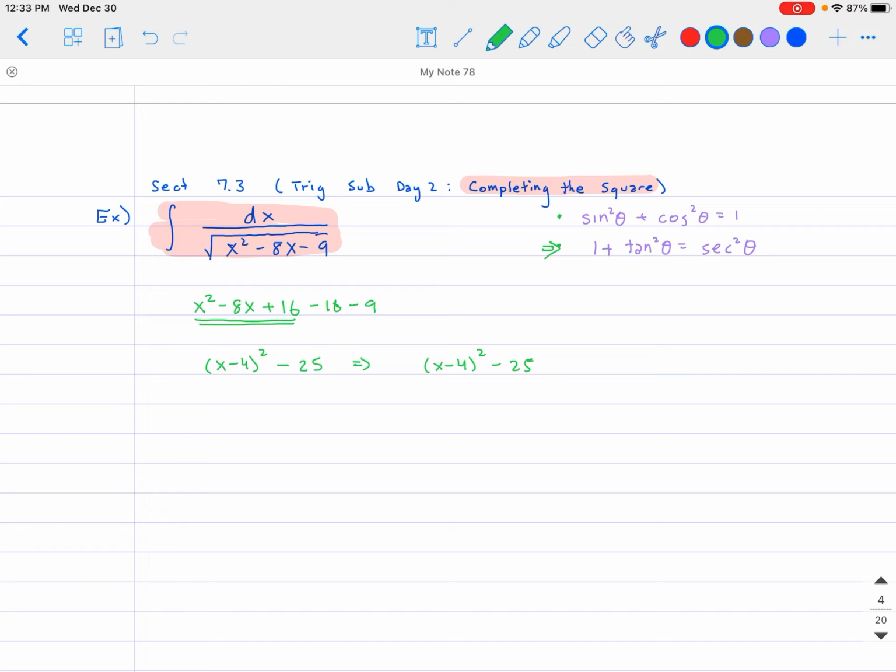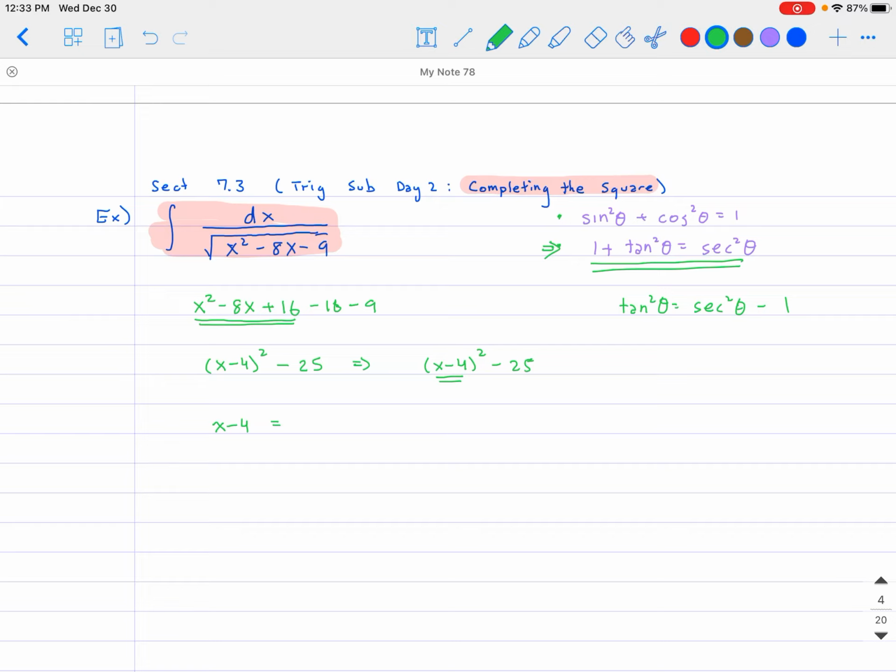So my inner function is going to be x minus 4, and that should be replaced with something. Taking my identity and writing it in a form that I'd like to see better: tangent squared of theta is equal to secant squared of theta minus 1.